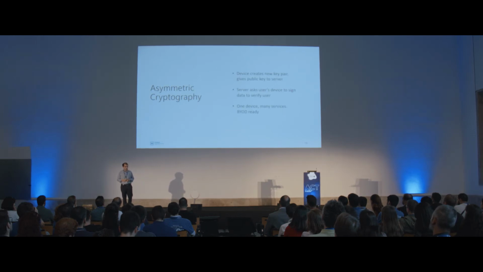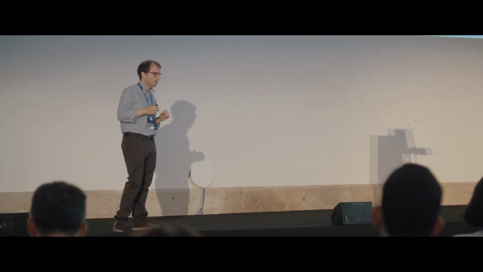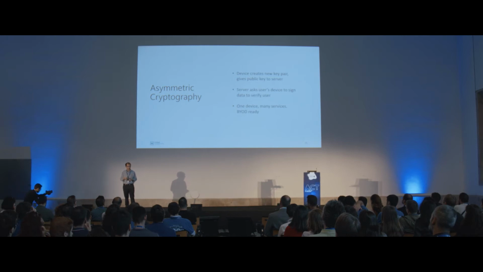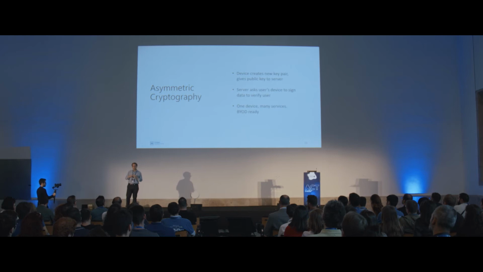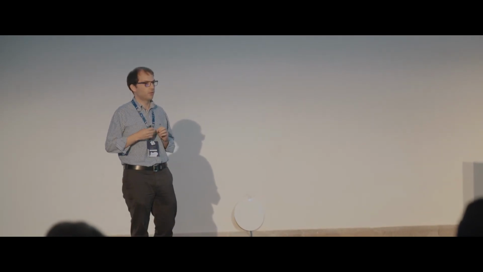How this works: the device we have for this universal second factor authentication creates a new pair of keys, a public and a private key. When the server asks the device to sign in, the device has its private key that is specific for that origin and signs the content to the server.